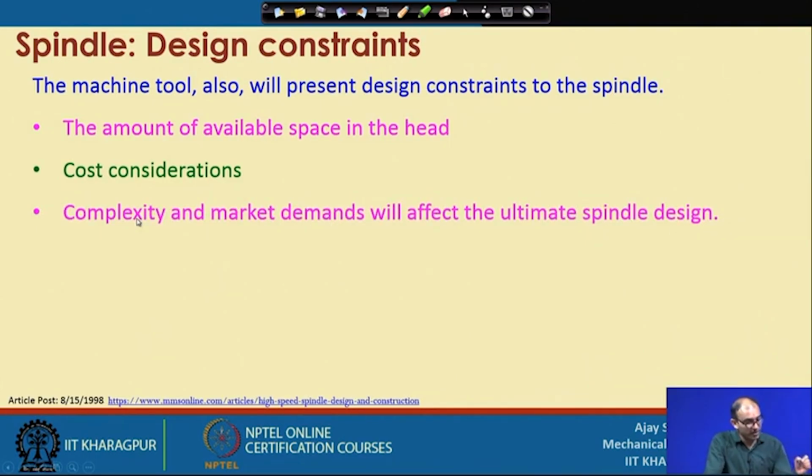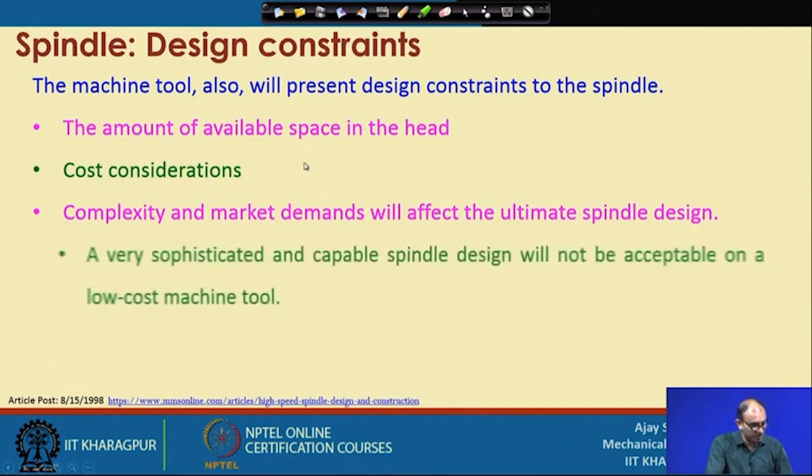Complexity means that when you mount an additional spindle, what are the things you have to change in the machine tool, and whether it is favorable or not. Market demand means what is the purpose of adding one additional spindle, how much job work you are getting, and what is the cost to demand ratio. If the demand is very high, it is better to spend some money to get this done easily.